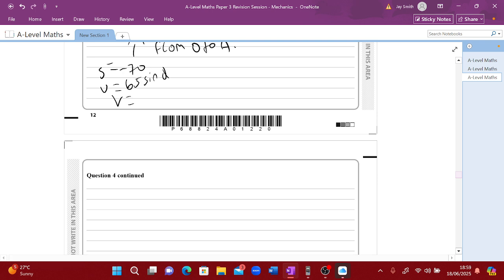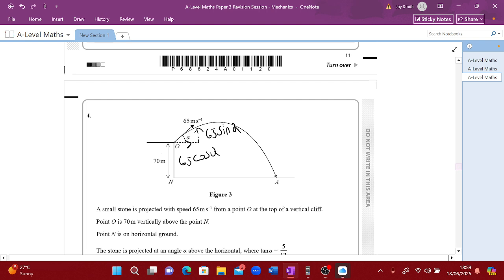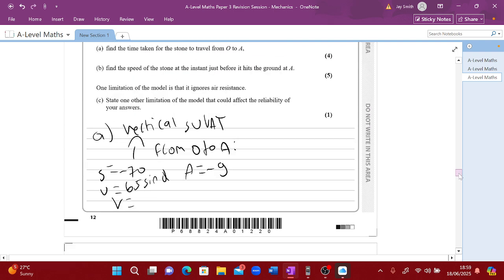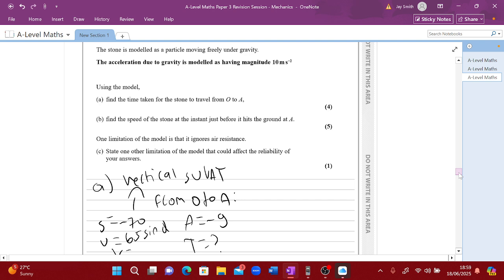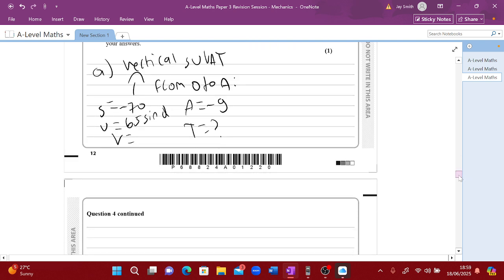V we do not know. A is going to be minus g, because we're assuming upwards is positive, but acceleration is going down due to gravity. So the acceleration is g downwards. So if you're going upwards, the acceleration would be negative g. And then T, well, we want to find T. T is question mark.